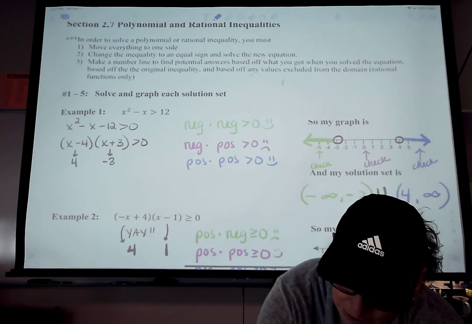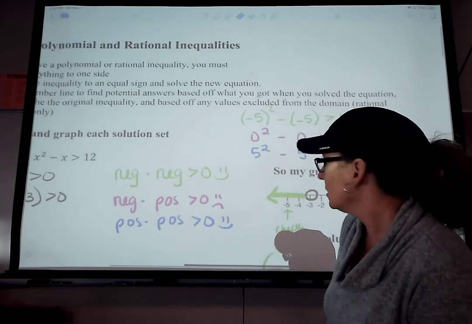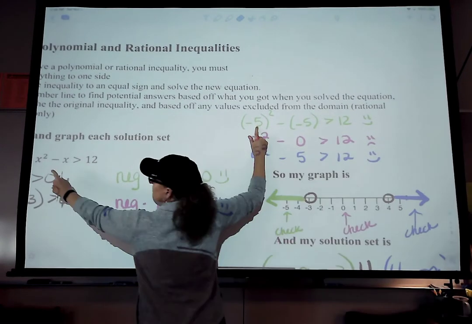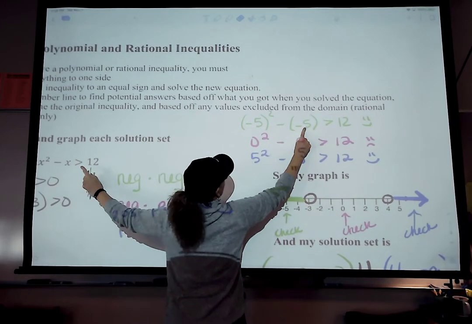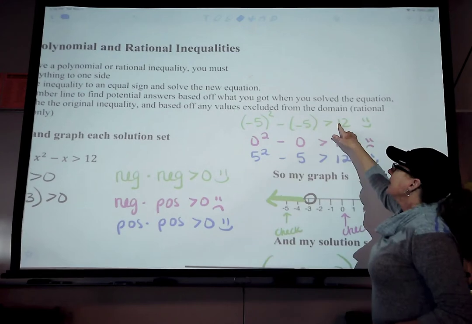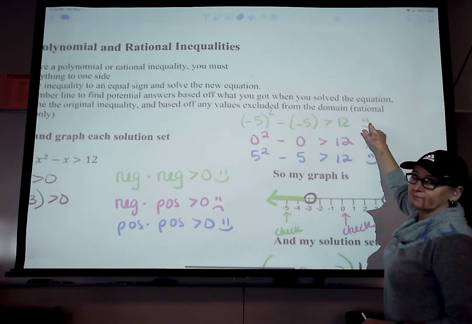So here's what that would look like. Pick a green number, sub it in the original. So negative 5 squared minus negative 5, is that greater than 12? Do this on your calculator and see if you get a result that's bigger than 12. You will. It works.